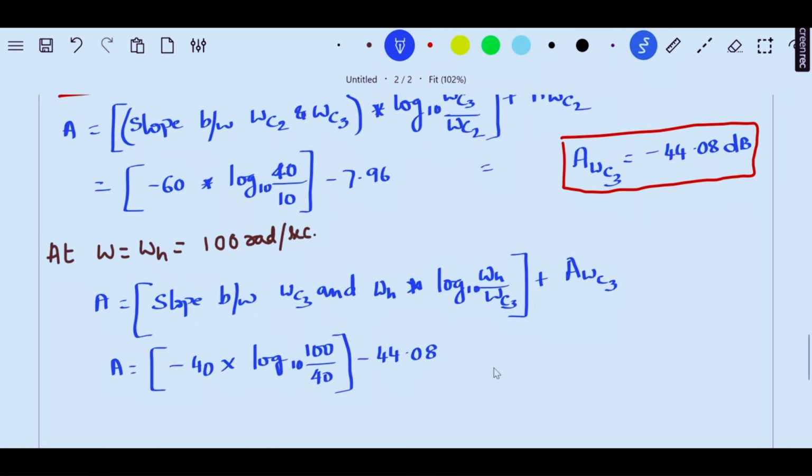So this will give me the gain at omega H, which is equal to minus 40 into log of 100 by 40. Anyway, it is 10 by 4 only, which will give minus 15.91, minus 44.08, which will give us minus 59.99 dB. So this is the gain at omega H.